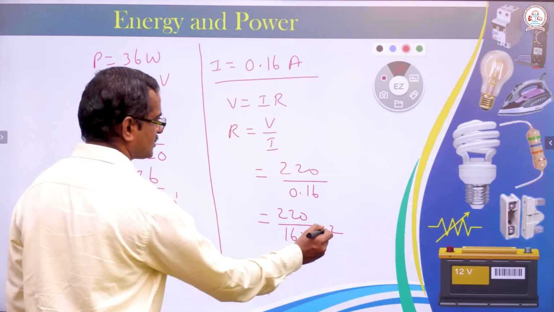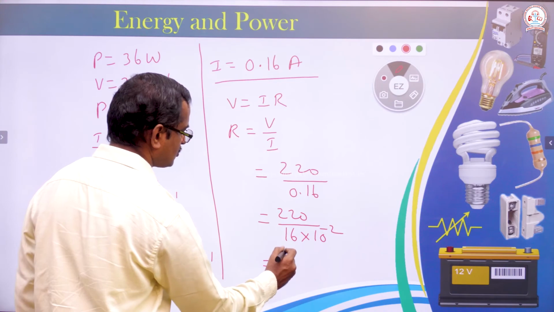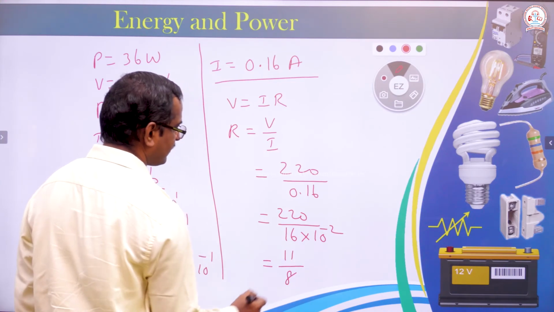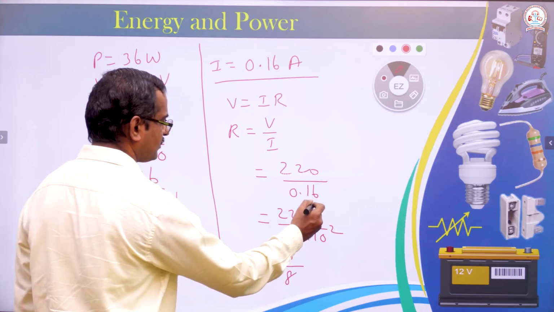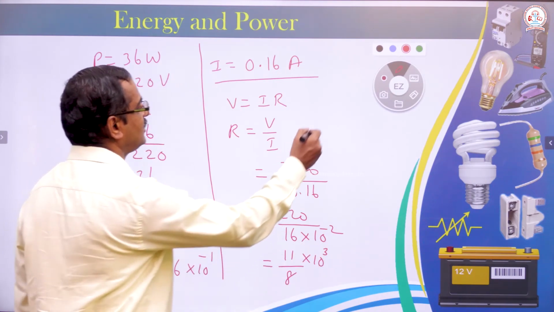If you cancel, it's going to be 11 by 8, and bringing the 10 power minus 2 up, it comes to 10 power 3.